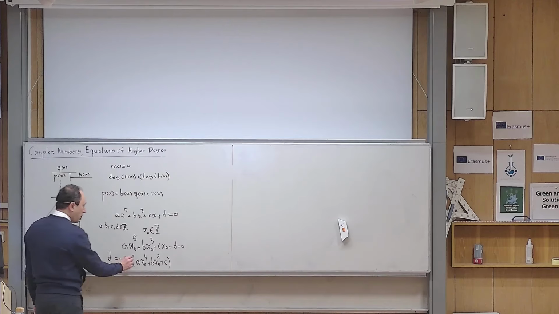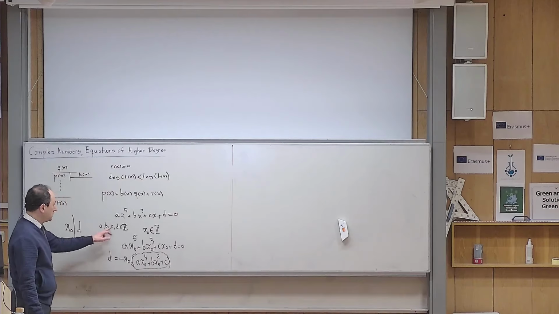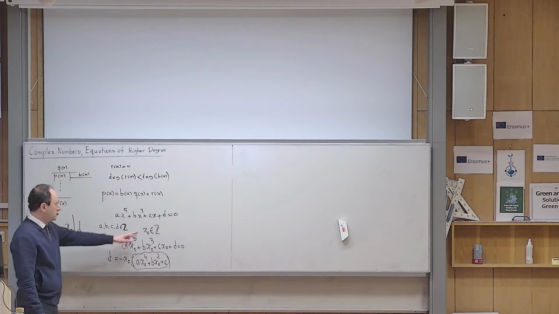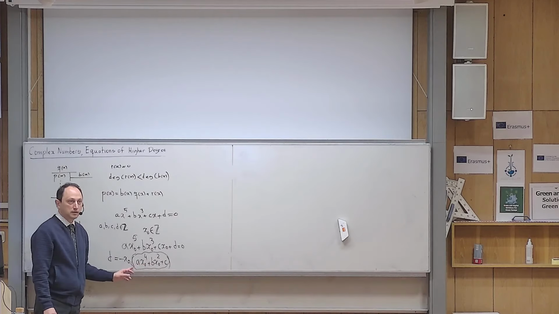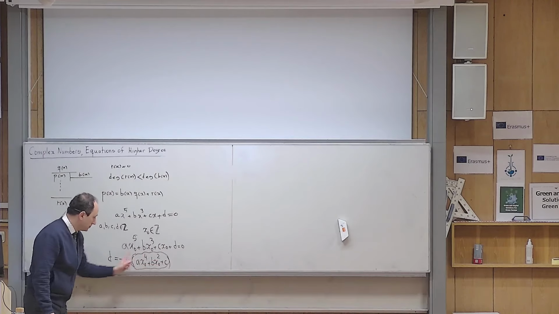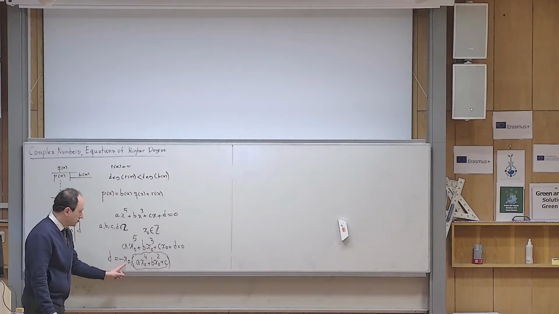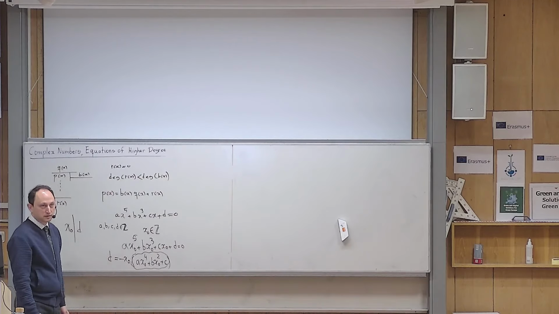What type of number is this? a, b, c, and d are integers. x naught is also an integer. So this combination is definitely an integer. An integer with a negative sign multiplied by x naught gives me d. So this means d is divisible by x naught.